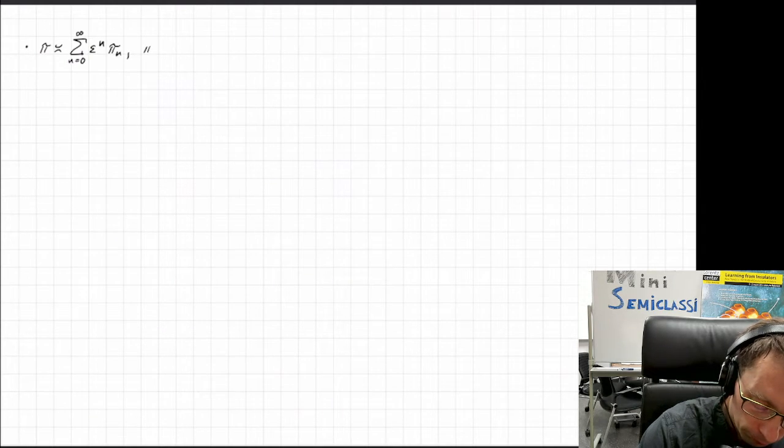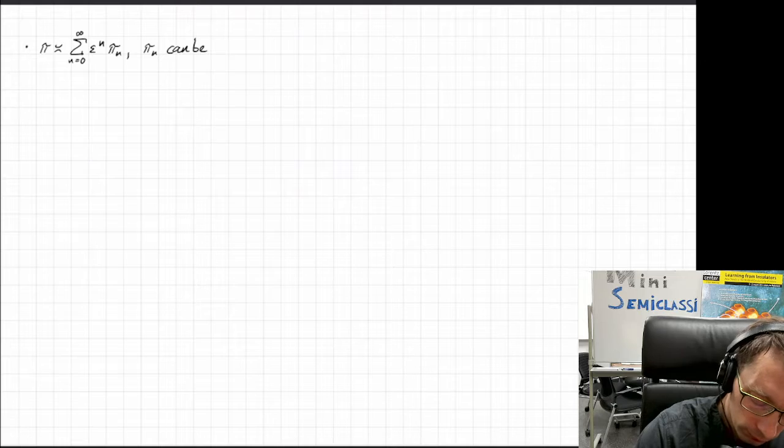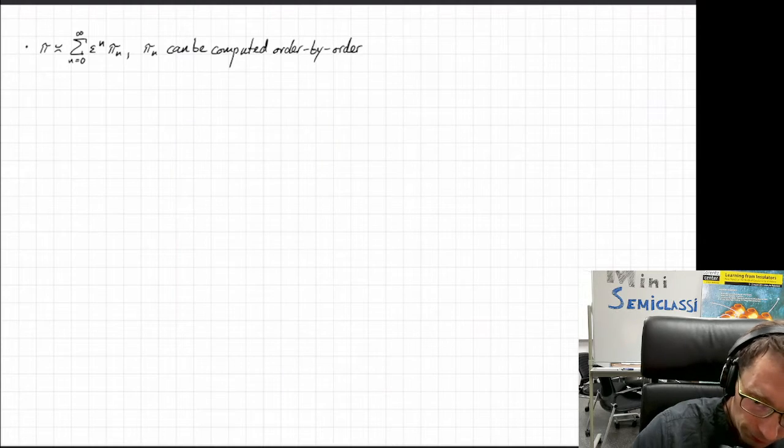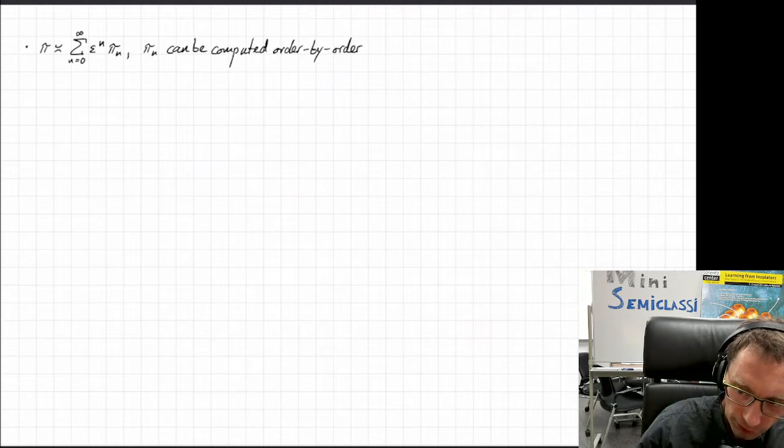And the pi n can be computed recursively. And everything in principle is completely explicit.